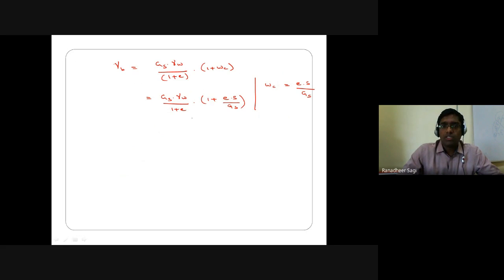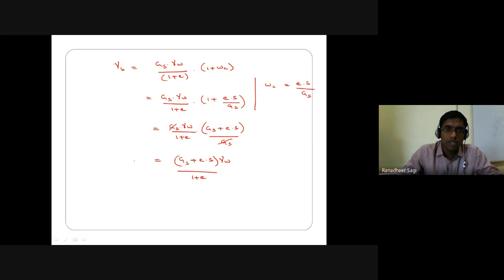So let me rewrite it so that what I'll have is GS into gamma W by 1 plus E, into GS plus E into S, this total divided by GS. GS gets cancelled. Now what I'll have is GS plus E into S, into gamma W by 1 plus E. That's the bulk unit weight of the soil. This is the relation I have.